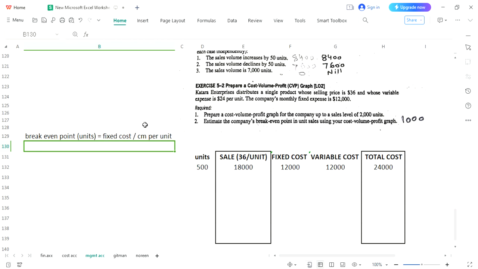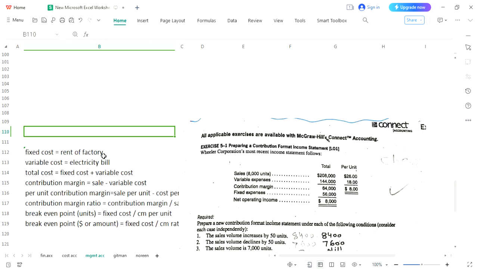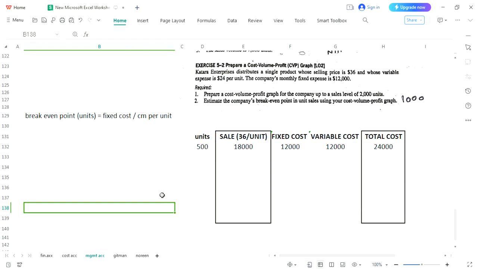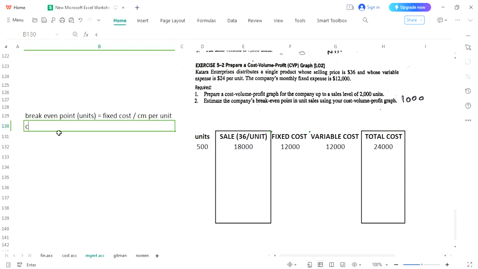And now just go upward and see CM per unit. How would you calculate? This is your contribution margin per unit, with which sale per unit minus cost per unit. Now here, the first process would be CM per unit. And how would you calculate it? Sale per unit, and you will subtract cost per unit.